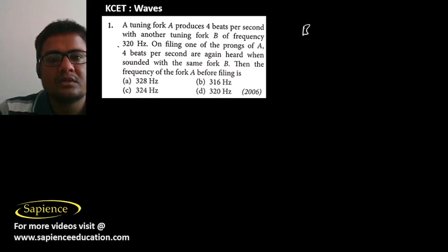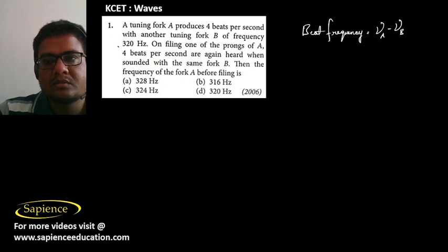We know that the beat frequency is given as frequency of A minus frequency of B. So the absolute value of that is called beat frequency.